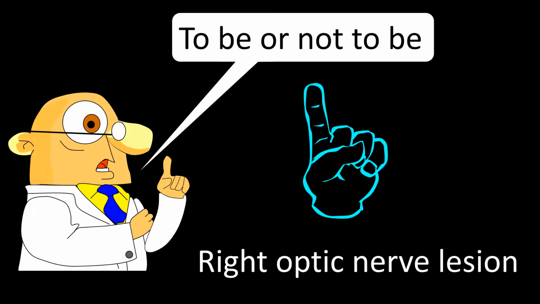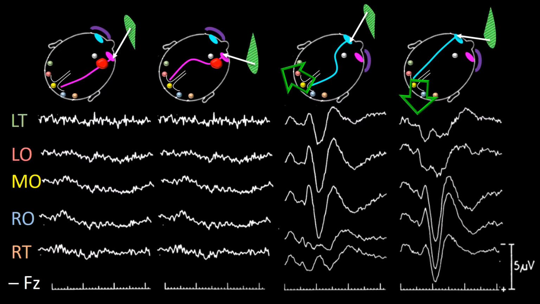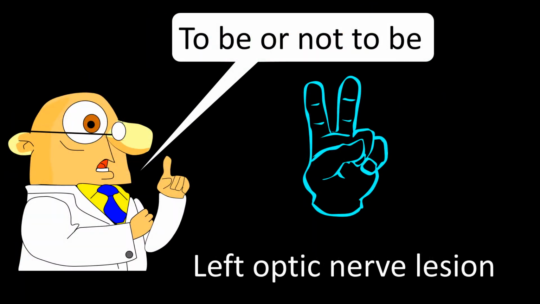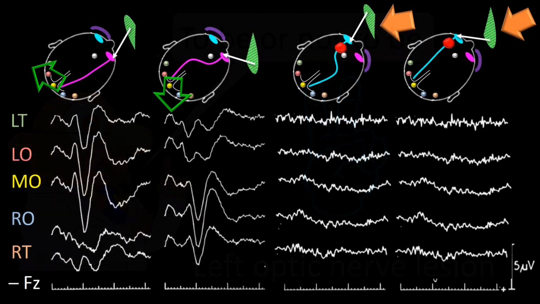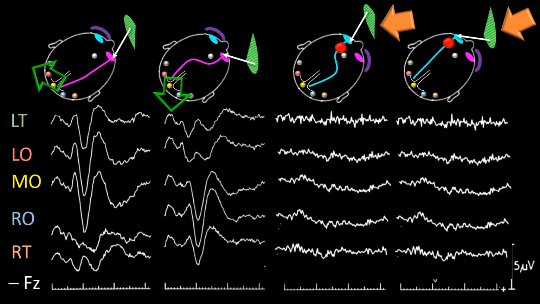When the right optic nerve is involved, this pattern consists of absence of P100 to right eye stimulation after both right and left hemifield stimulation. When the left optic nerve is involved, no P100 is found upon stimulation of the right or left hemifield of the left eye.